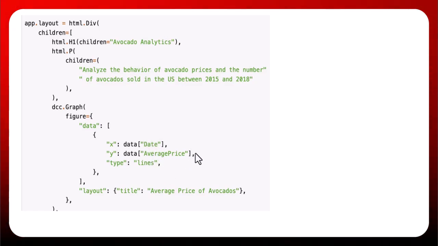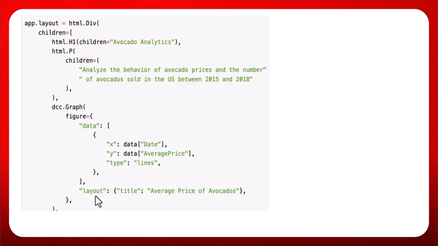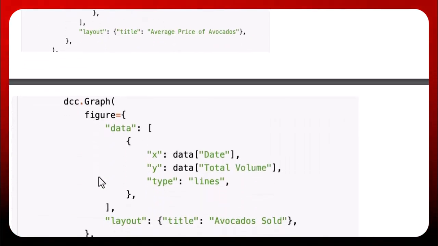And remember that the dates are sorted, okay? And then the type, like what type? It's a line chart. So if it is line, you have to say it's lines, okay? Now the layout, which means the title, is going to be the average price of the avocado. That's the first graph, okay? I want to make sure that you got it.